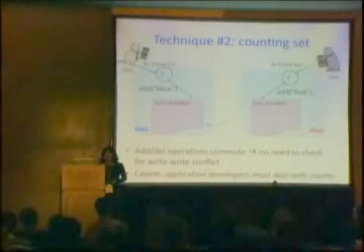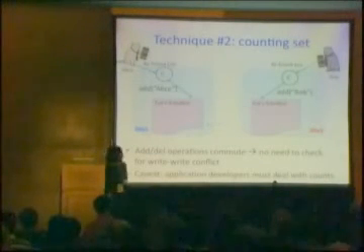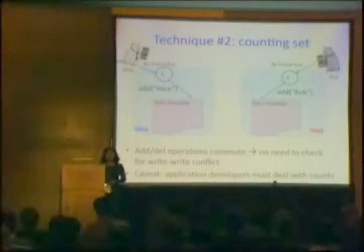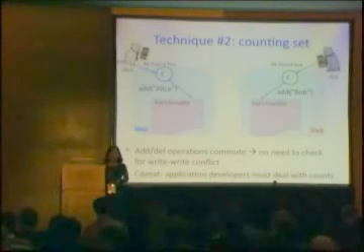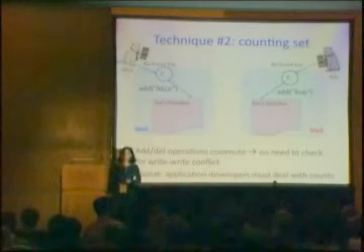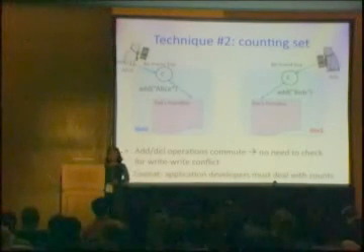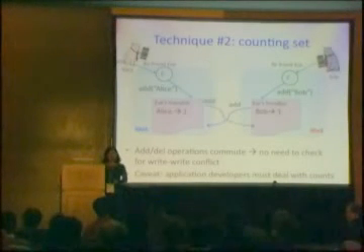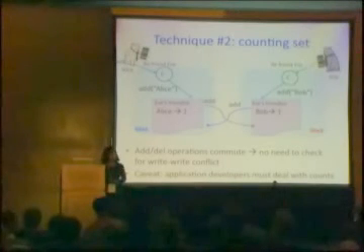So in this example, again, Bobcat is going to befriend Eve. Instead of writing to Eve's friend list, he is going to add his name to Eve's friend list counting set. And this is going to generate an entry that says, set element Bob has a count value of 1, and then asynchronously propagate that operation in the background to the other site.